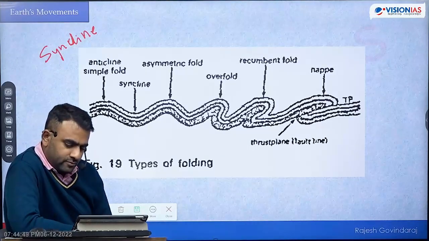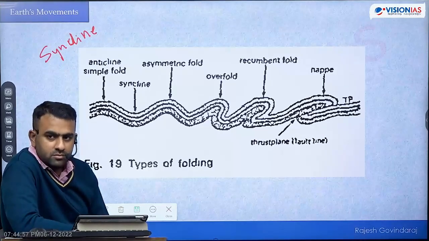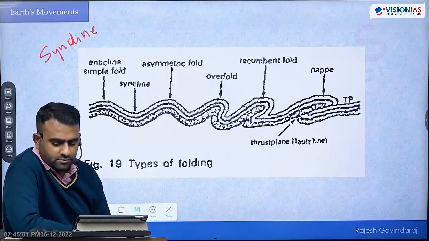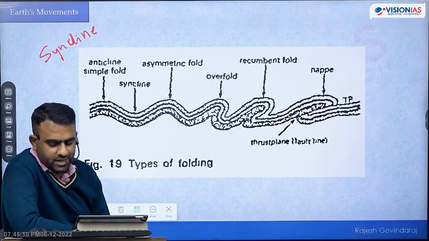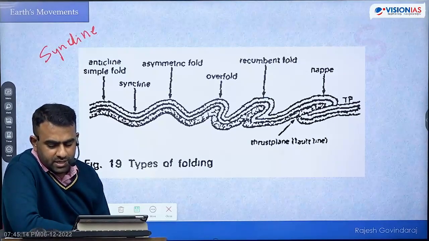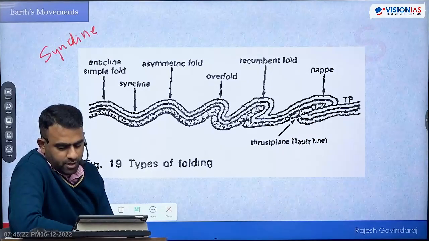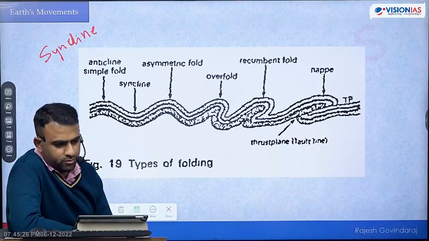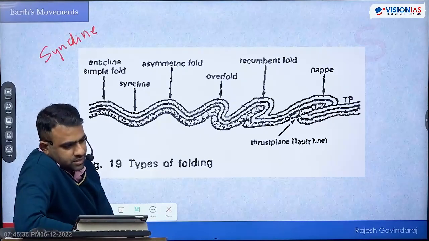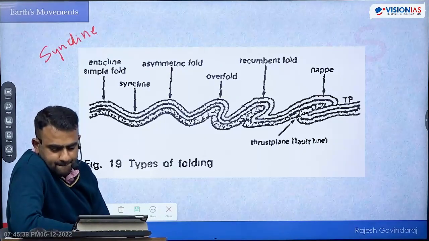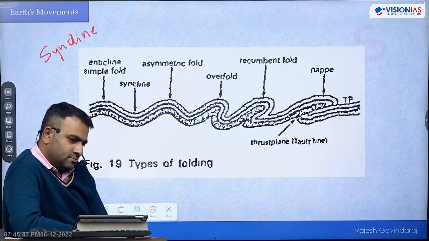Next point. When the pressure exerted upon a recumbent fold is sufficiently great to cause it to be torn from its roots and thrust forward, it results in nappe.